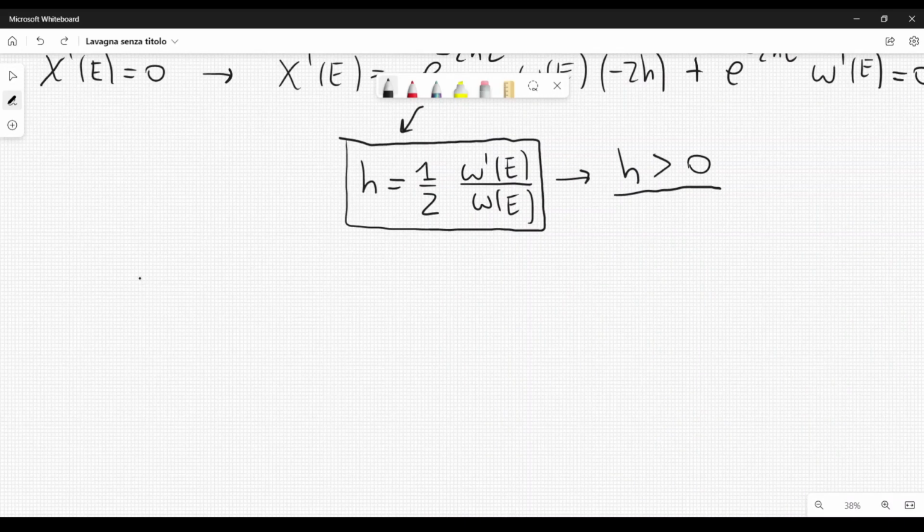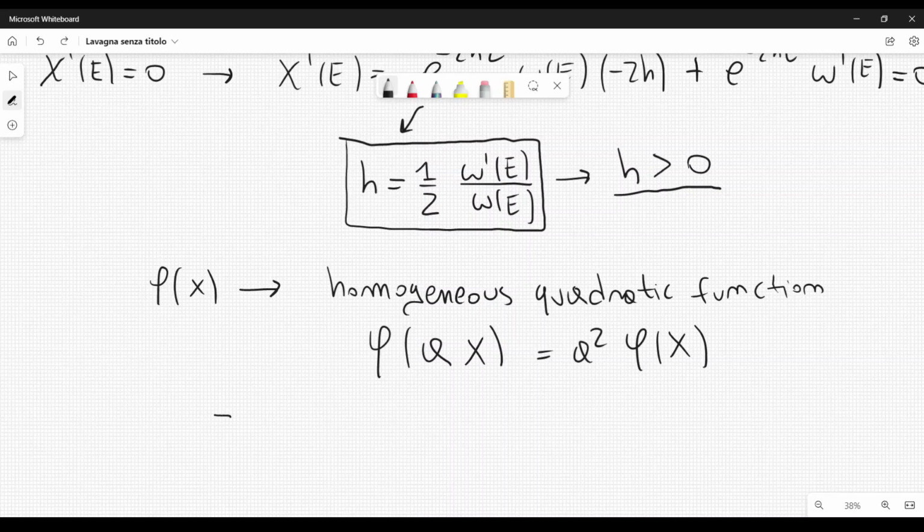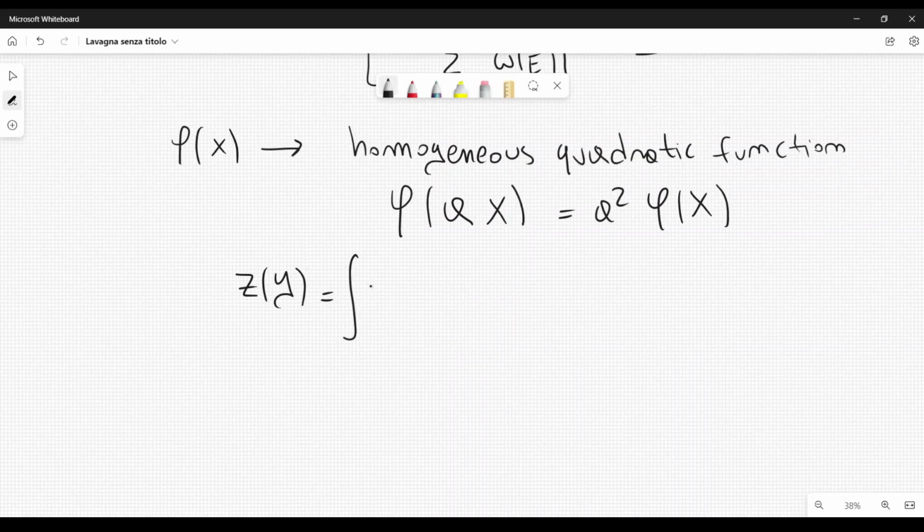The theorem states that if we consider phi of x, and phi of x is a homogeneous quadratic function, which means that if we have phi of some constant a times x, this is equal to a squared phi of x. Then if we define z of y like this, integral over some coordinates dx1 dot dot dot dxn, and we integrate over a constraint phi of x, and by phi of x in this case we mean phi of x1, x2, xn.